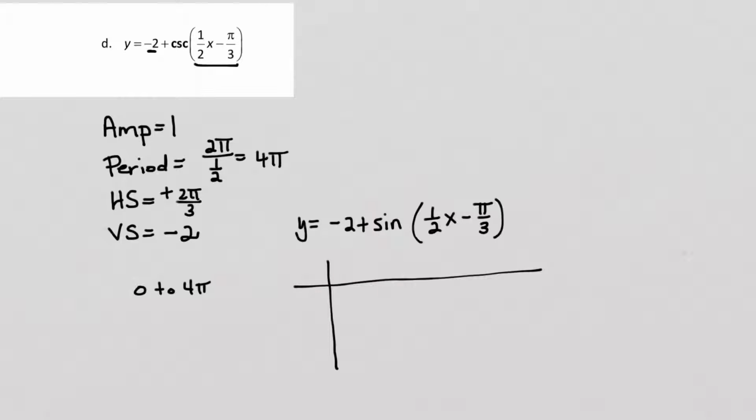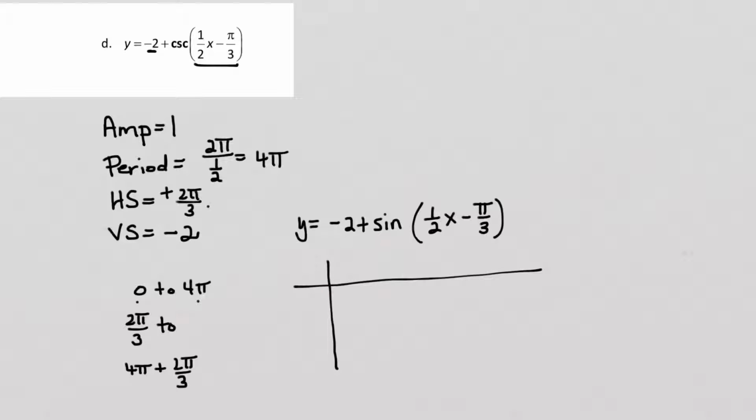So let's see. We said we normally go from 0 to 4 pi, but we're adding 2 pi over 3 to those values. So now we're going to go from 2 pi over 3, because I just added that to 0, and what's 4 pi plus 2 pi over 3?